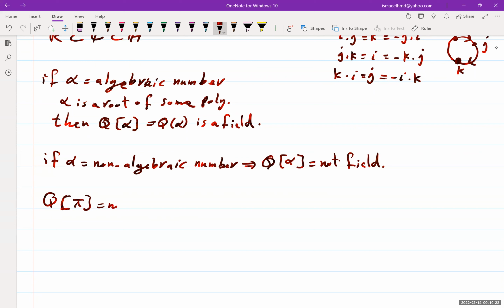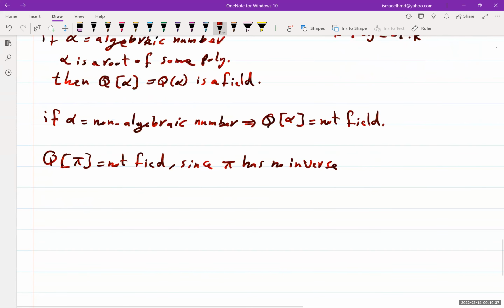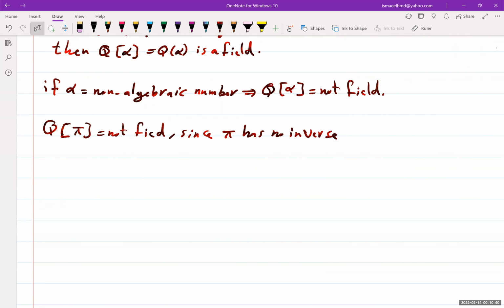because pi has no inverse. Otherwise, if we say pi has an inverse, that means if pi inverse exists, then pi inverse must be written as a polynomial of pi, say g of pi.